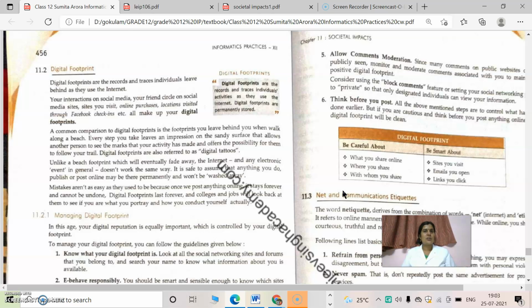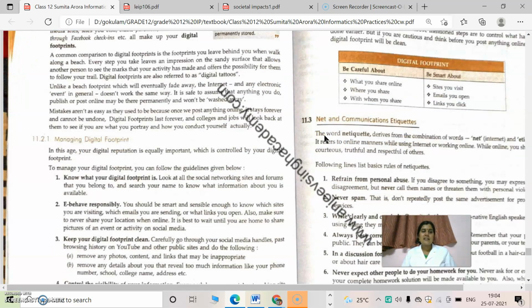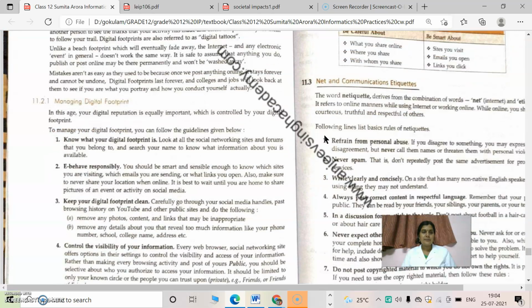These stored data are known as digital footprints. Nothing but when we are visiting a site, its data is stored. Like on a beach, when we walk, our footprints will be there, and when another person walks after us, he can see our footprints. So this is a digital footprint.